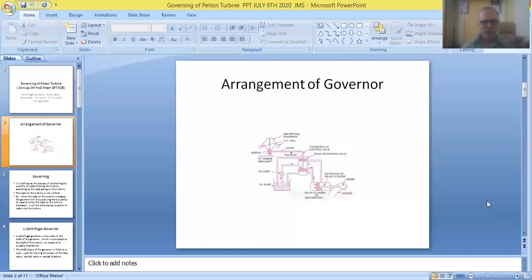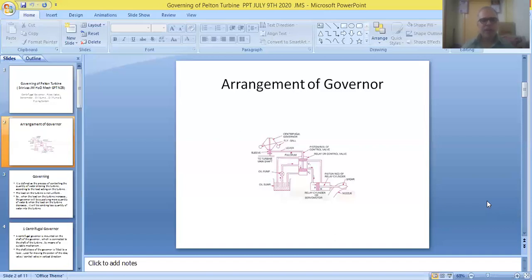One pipeline is supplying oil into the servometer, and another pipeline will be receiving oil from the other side that is coming out of the servometer. So this is the beautiful arrangement made for conveying high pressure oil from the first cylinder into the second cylinder and also from the second cylinder into the first cylinder.